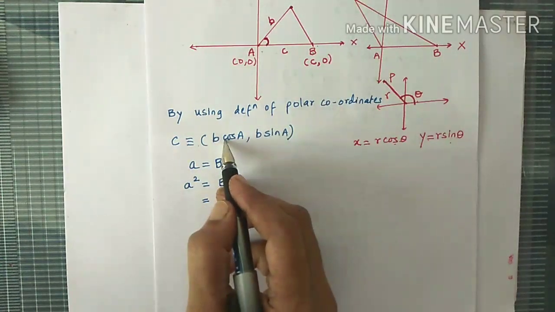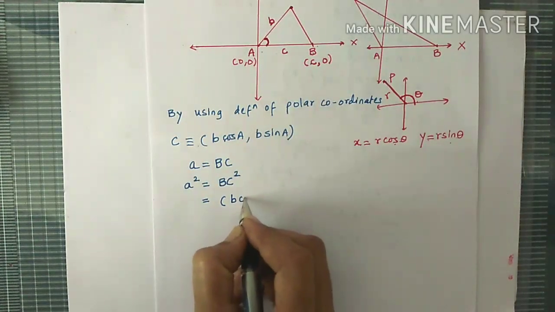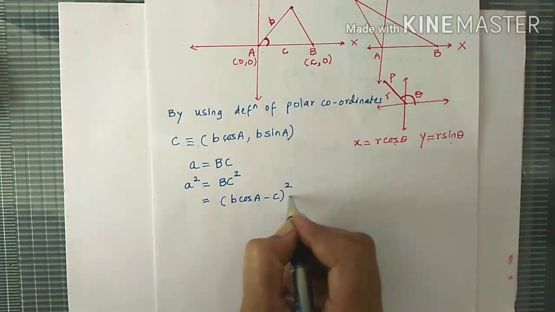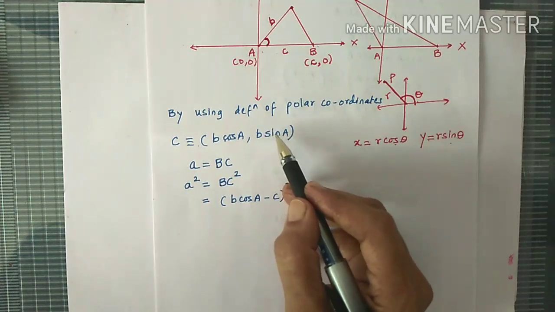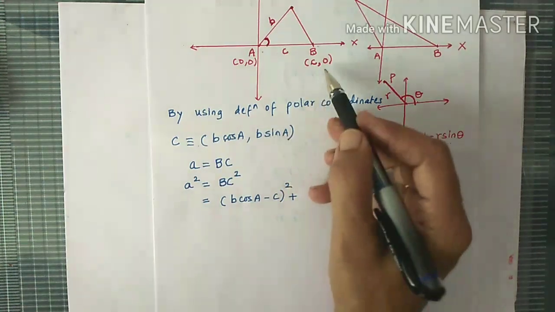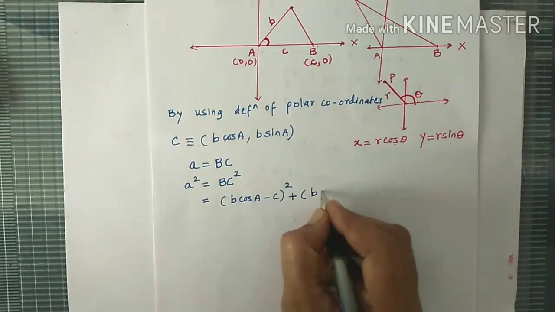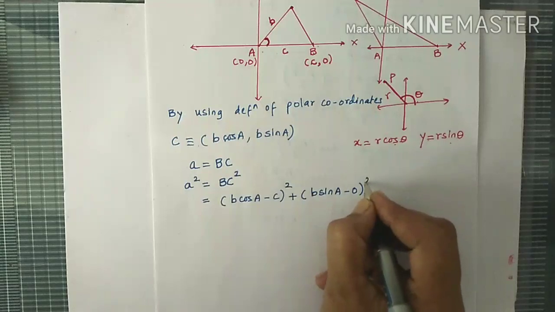So x2 means b cos A minus c, bracket square, plus y2 minus y1 square. So y coordinate of C is b sin A and y coordinate of B is 0. So their difference is b sin A minus 0, bracket square.